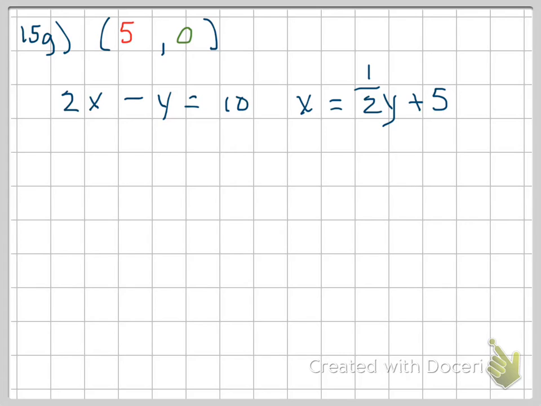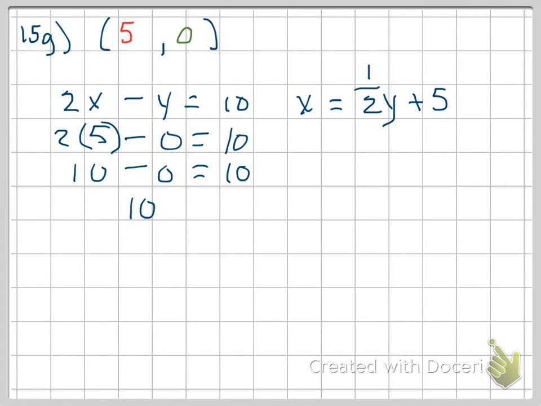So all we're going to do, like we've been doing, is plug those numbers in where they belong. So 2 times 5 minus 0 equals 10. 2 times 5 is 10, minus nothing is 10, and that leaves us with 10 on the left side and 10 on the right side. So far they're true.